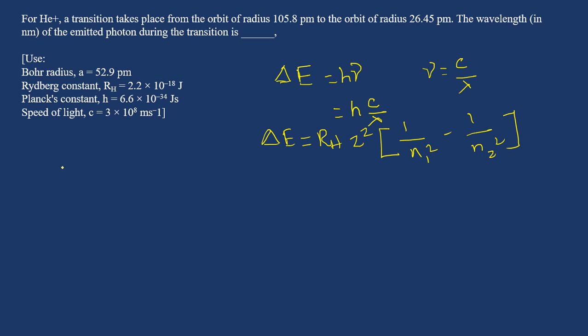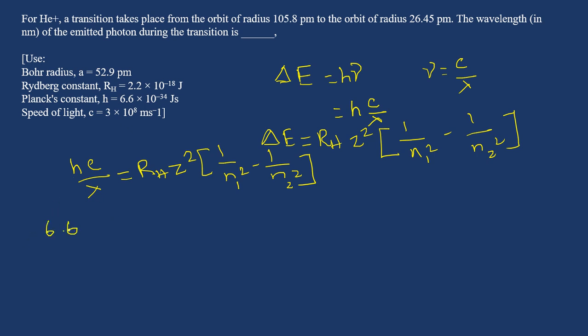I am equating these two equations. I will be getting hc by lambda equal to RH z square into (1 by n1 square minus 1 by n2 square). Now I am substituting the values.